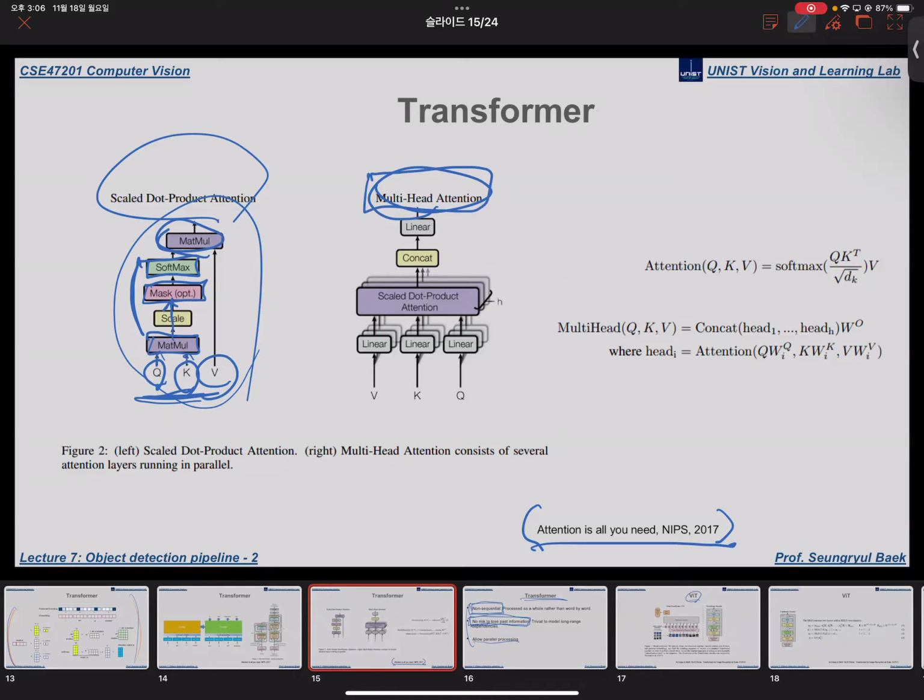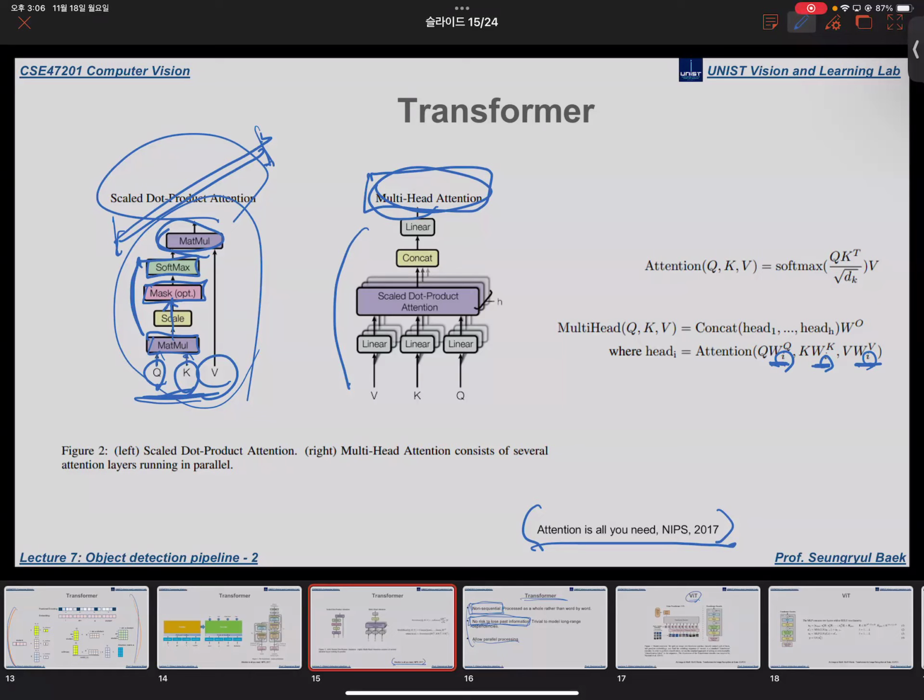But when we call it multi-head attention, it means we have multiple streams of this one attention mechanism, and we have multiple weights for each stream. So now we have an index i for this weight vector, and it indicates that we have multiple weights for key, query, value.